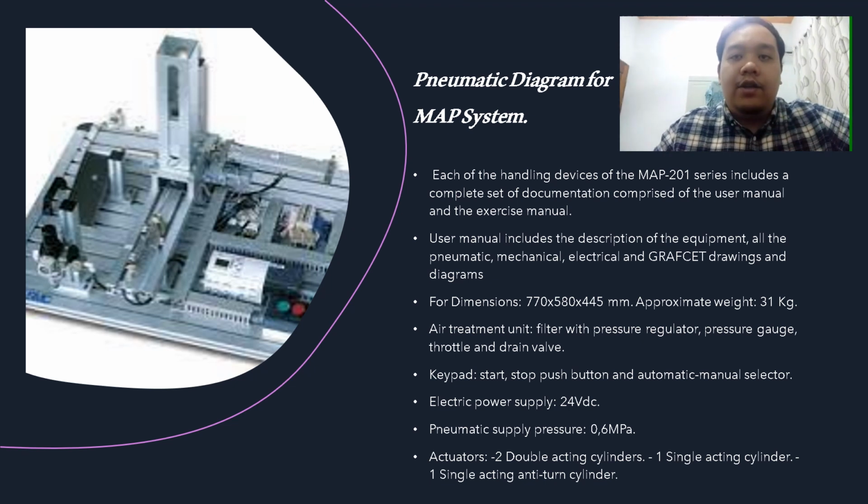The electric power supply is 24 volt DC and the pneumatic supply pressure is 0.6 megapascal. The actuators are 2 double acting cylinders, 1 single acting cylinder, and 1 single acting anti-turn cylinder. So that's the part of the pneumatic for the MAP system.